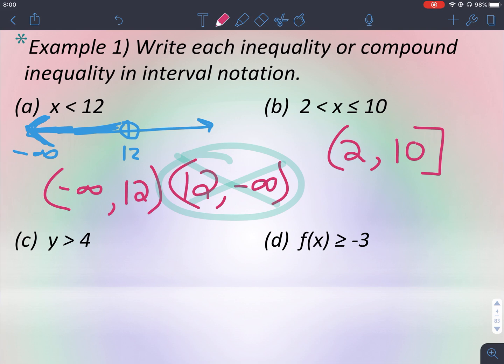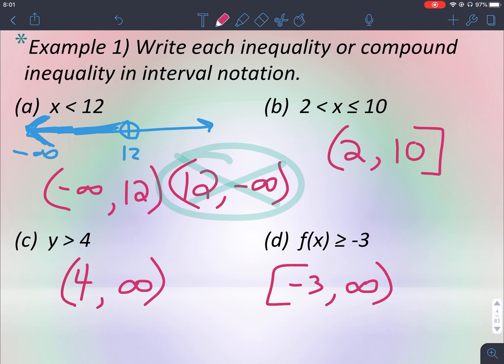C, y is greater than 4. This is going to start at 4, excluded, go up to positive infinity, excluded. D, f of x is greater than or equal to -3. This is going to start at -3, and that's included, and it's going to go to positive infinity.